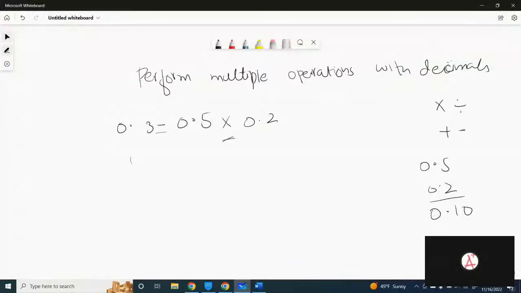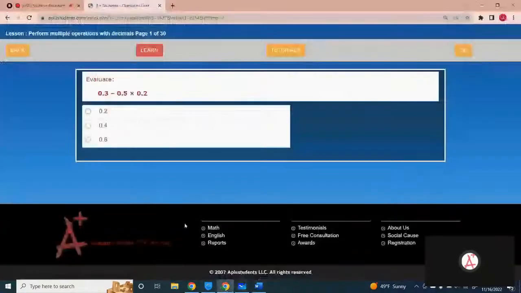Got it? Then you have to subtract 0.3 subtract 0.1. So 0.3 subtract 0.1 is 3 subtract 1 is 2, so it would be 0.2. Got it? So the answer is 0.2. Got it? Just select the correct option, then click on the OK button.